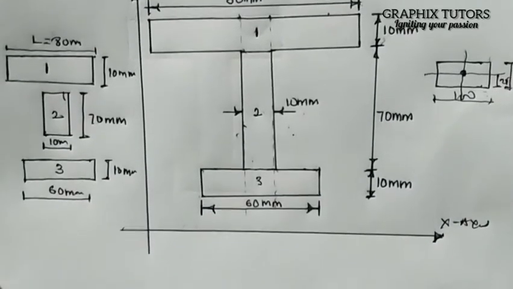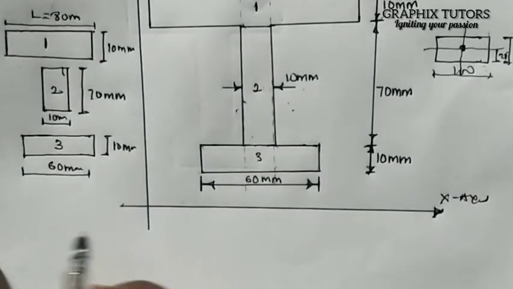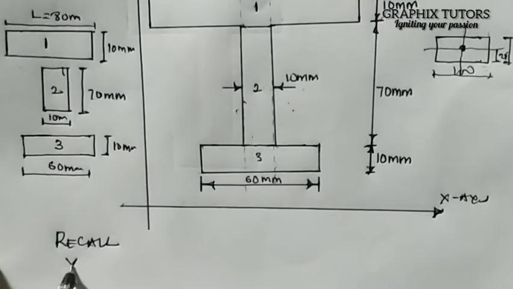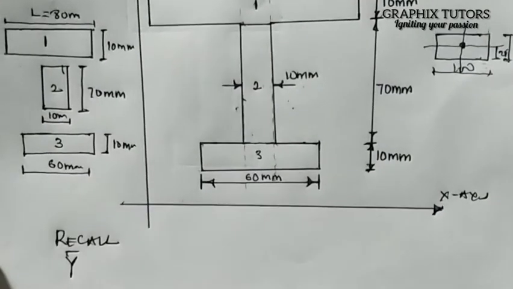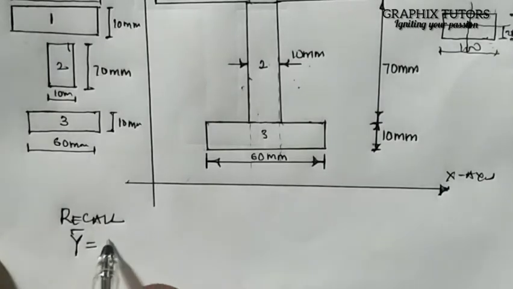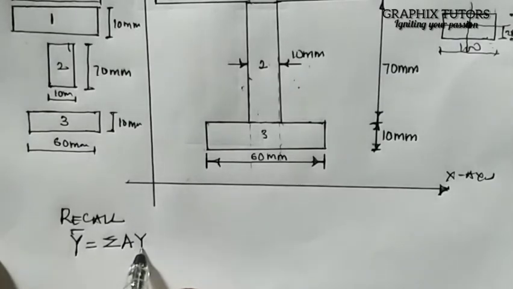Now, considering the y-axis, recall my y bar, the center of gravity along y, is given as the summation of all the areas multiplied by all the distances along the y-axis, all over the summation of the areas.